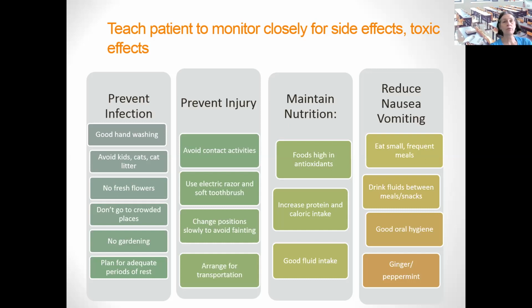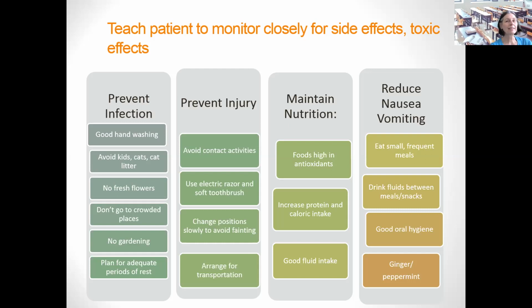Soft toothbrushes rather than firm toothbrushes to avoid gum bleeding. Change their position slowly. Don't grab a hold of them. They're going to have some orthostasis, maybe from the fluid changes with the cancer, so we don't want them to pass out. So change position slowly, because if they fall, they're likely to bruise and really hurt themselves. And if they're bleeding, we want to have some kind of transportation arrangement so they know who they can call quickly.